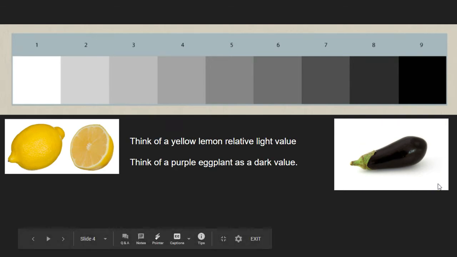Something else that's interesting to know is that if you were looking at number 1 and number 9, if you were to put the black and white right next to each other, that's considered high contrast. Contrast means the difference between two things. So high contrast means a huge difference between two values.